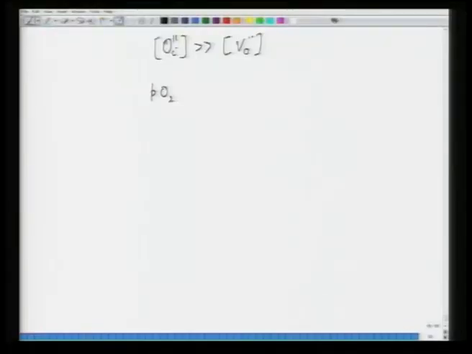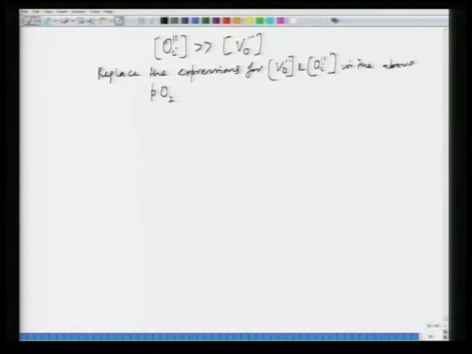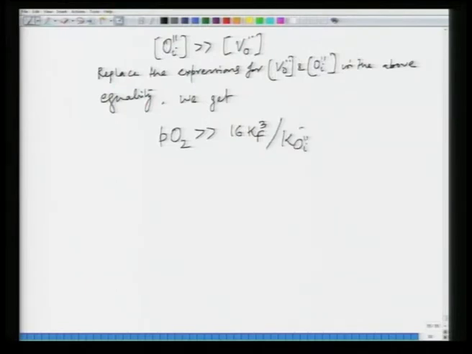So replace the expressions for VO and OI in the above equality or inequality, the way you look at it, we get PO2 much bigger than 16 Kf cube divided by KOI square.